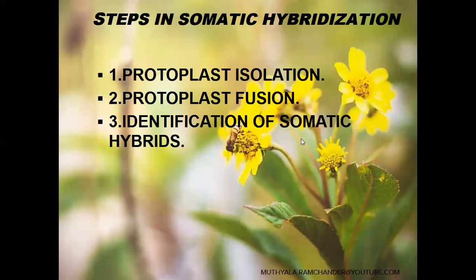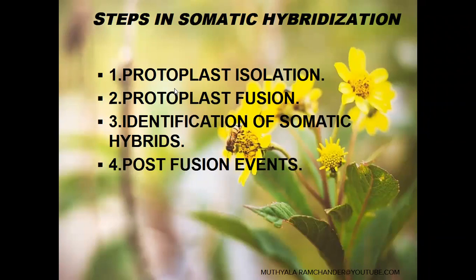And the fourth step is post-fusion events. These are the main steps in somatic hybridization. The first step, we know, is protoplast isolation; the second is protoplast fusion; the third is identification of somatic hybrids; and the fourth is post-fusion events.